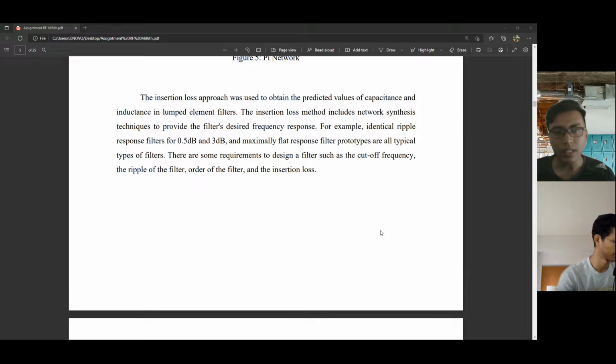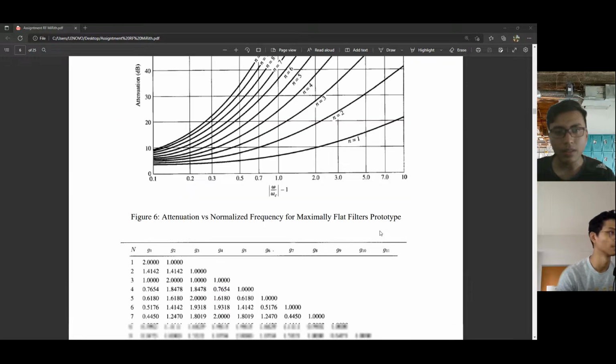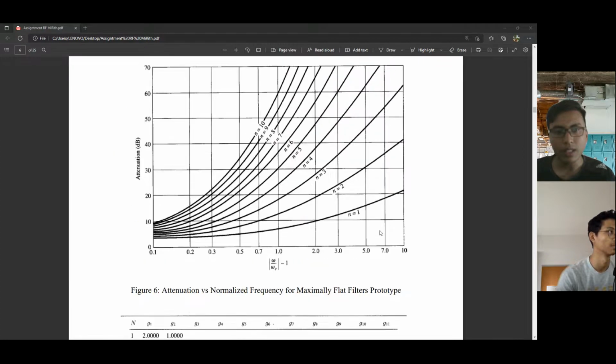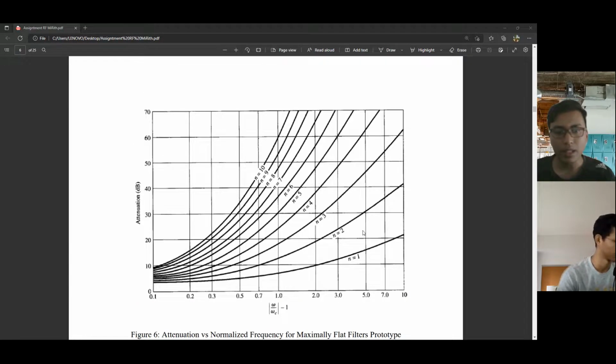So down more. So this is the place where we want to find the normalized frequency for the maximally flat filter prototype.